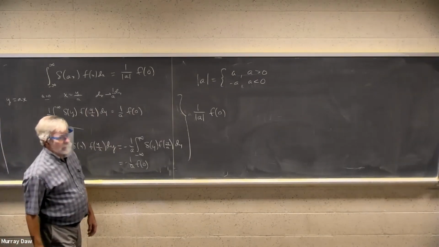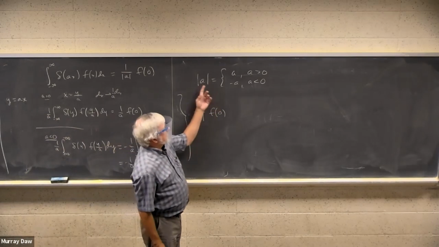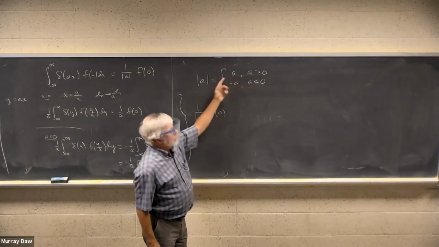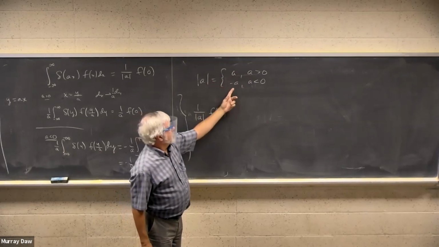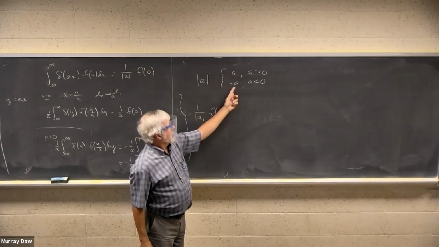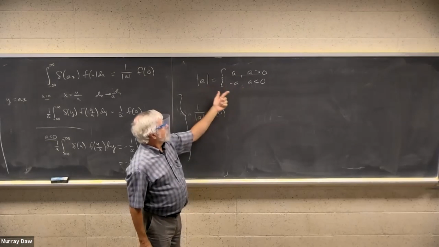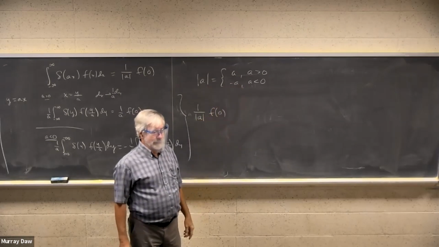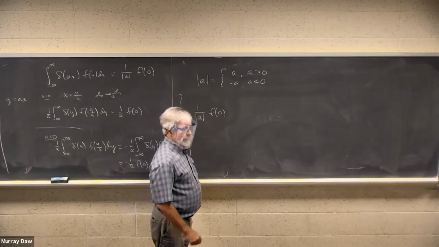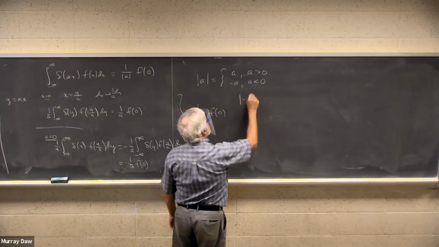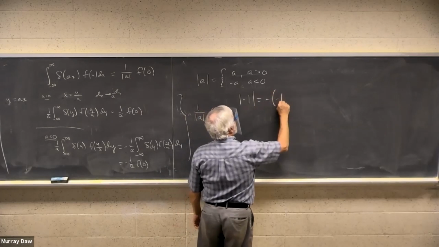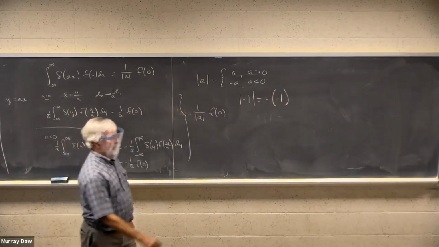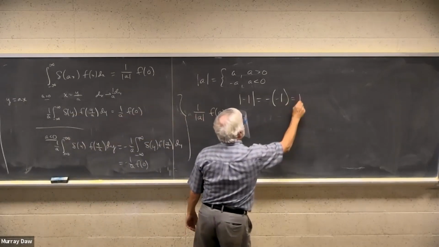What's the absolute value function? If it's 1, greater than 0, then the absolute value of 1 is 1. If you have negative 1, then the absolute value of negative 1 is the negative of negative 1, which is 1.